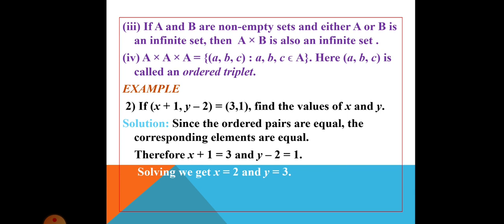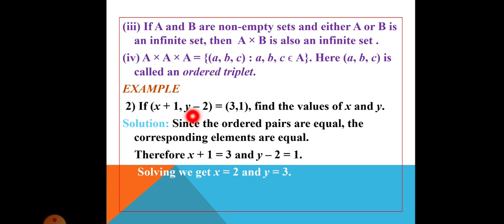So we have to equate the corresponding elements. We have to equate the first element of this ordered pair to the first element of this ordered pair. That is, x plus 1 is equal to 3. Then we'll get, if you take plus 1 to the right hand side, it becomes minus 1. 3 minus 1 becomes 2. Therefore, we get x is equal to 2.